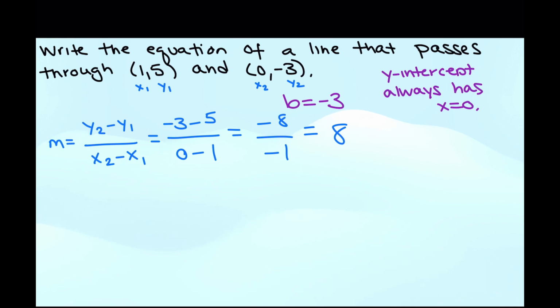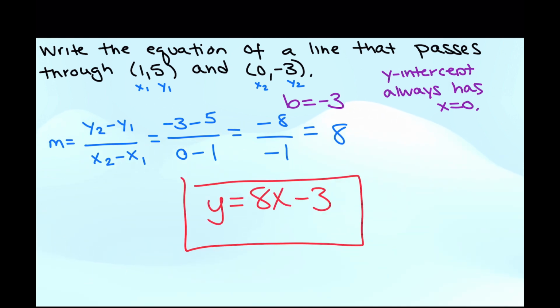Now that I know the slope and the y-intercept, I can just plug those numbers into my formula. Y equals m, which is 8, x minus 3. And there's the equation of this line.